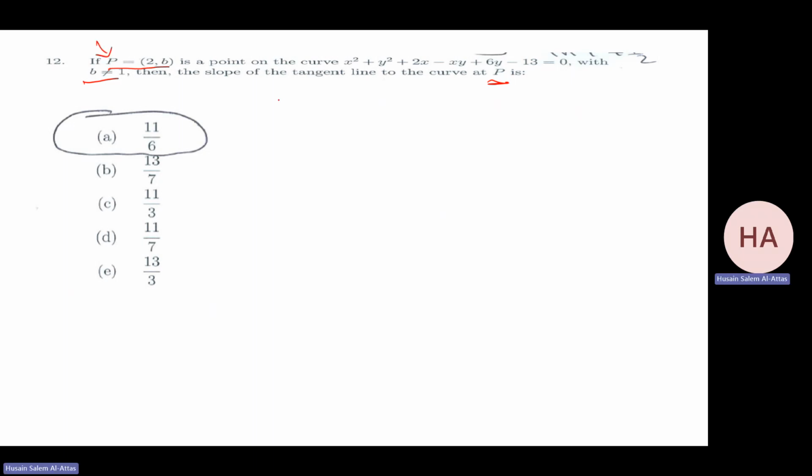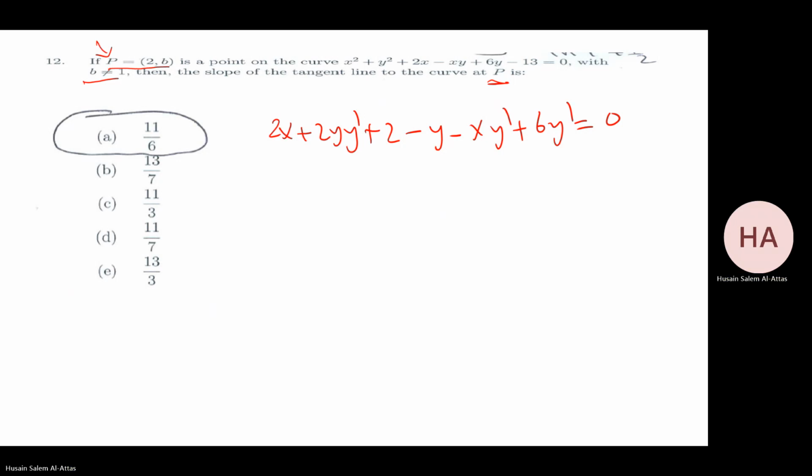So find the derivative. 2x plus 2y y prime plus 2 minus y minus x y prime plus 6y prime equals 0. X equals 2. What will be y? I need y.